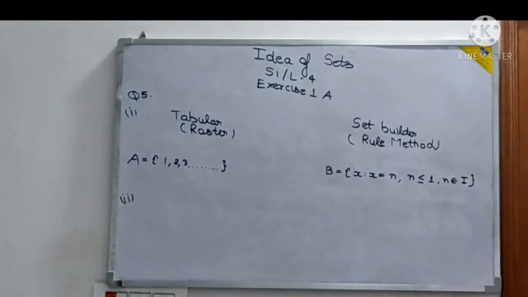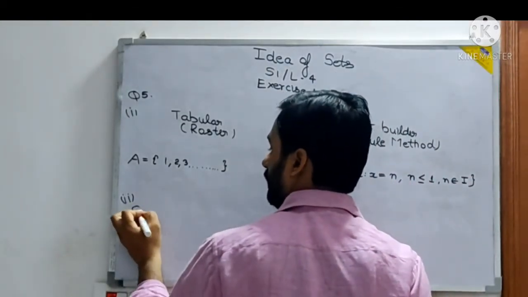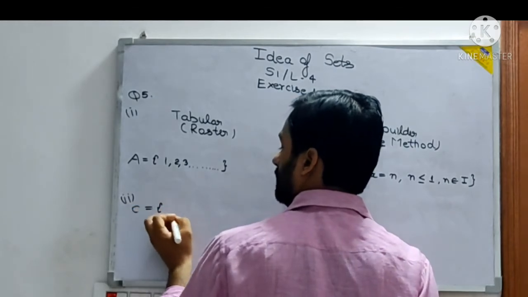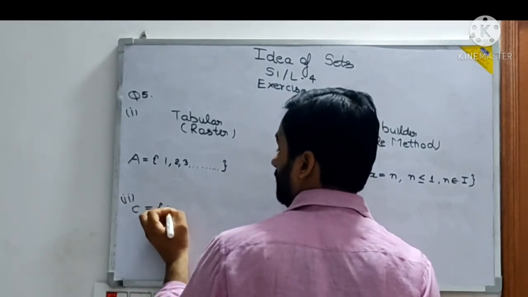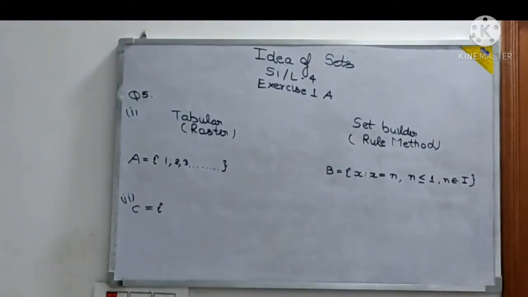Now the second part says, set of odd natural numbers. What are the natural numbers which are odd? All those which are not even are the odd ones.